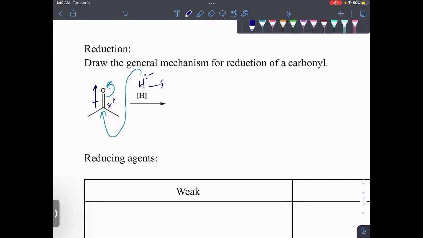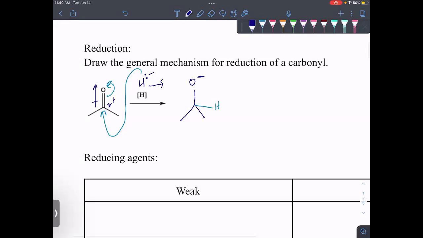And that's it. So now you get the same thing, but you have a hydrogen on the carbonyl carbon, and then these electrons go up to make it an alkoxide. So cool, you have your alkoxide. And then at the end of basically every single reaction, we do something called an acid workup.